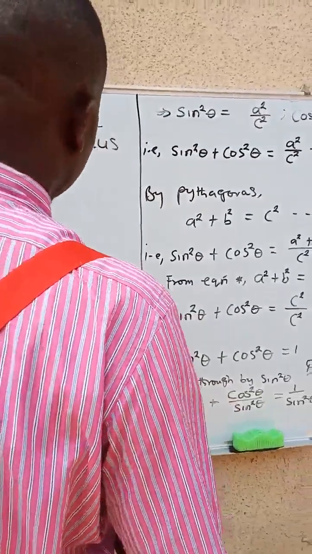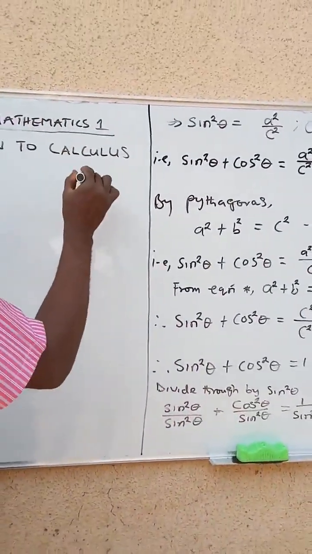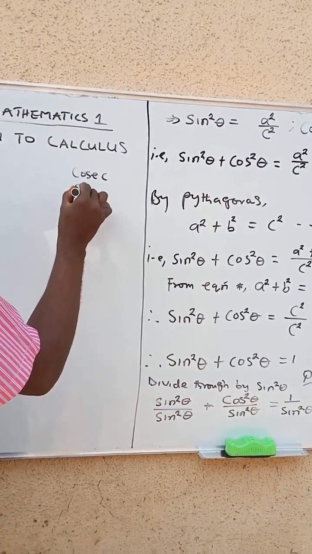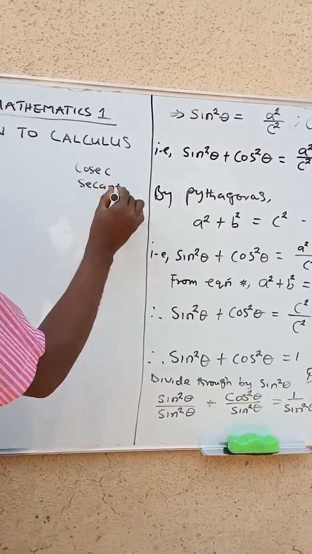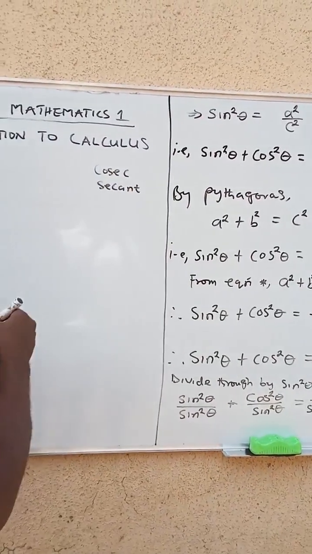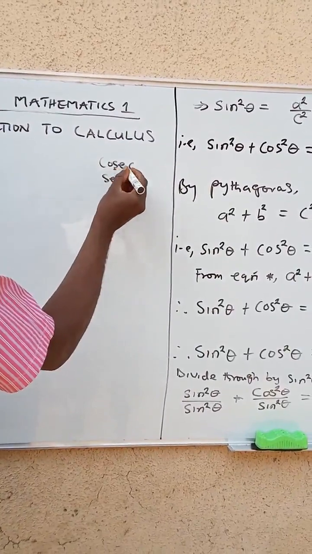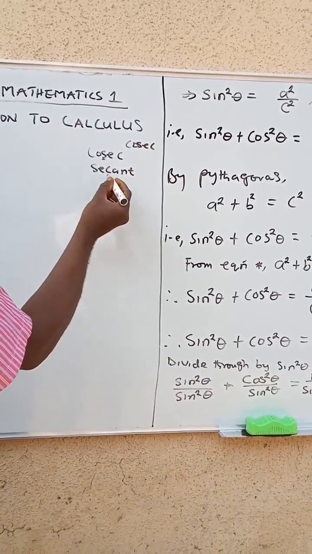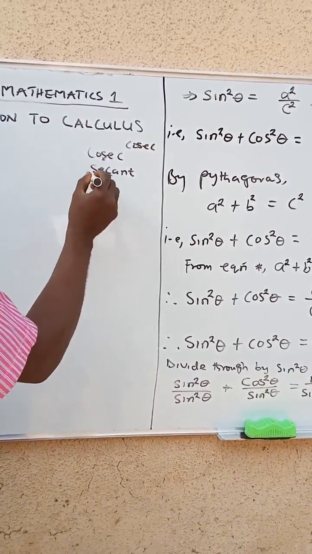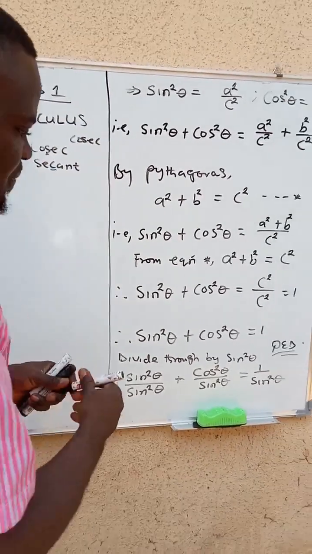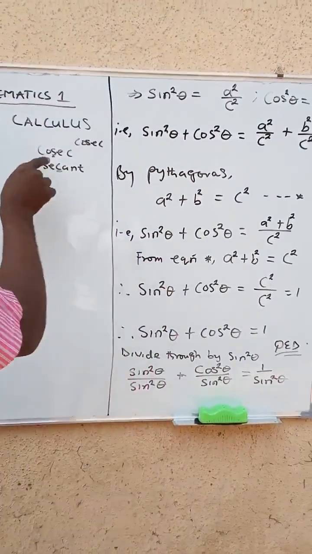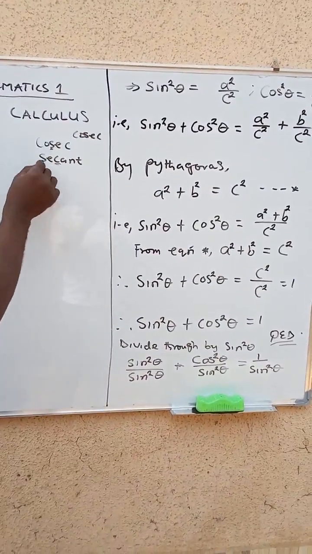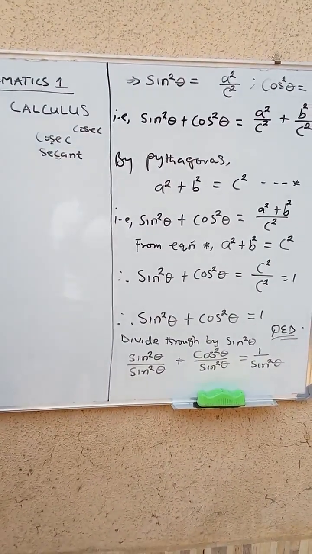There are two things you're supposed to know here: what we call cosec, and what we call sec, that is secant. Anytime I have 1 over sine, it is cosec. 1 over cos is secant. So please don't forget this.